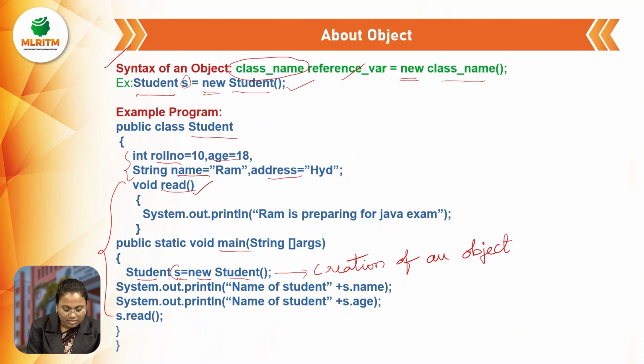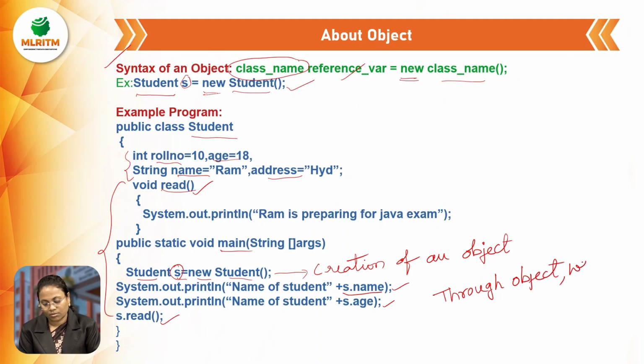With this reference variable S only, we are accessing the name of a student, age of a student, as well as the methods. So through an object only we can access variables and methods of a class.